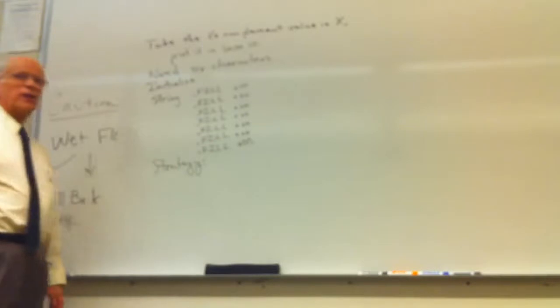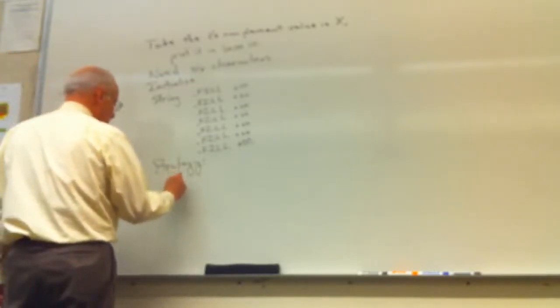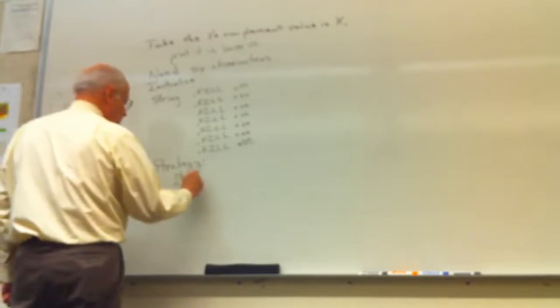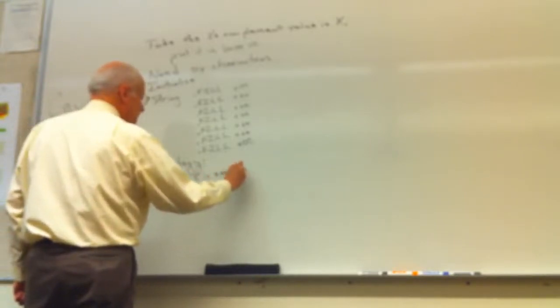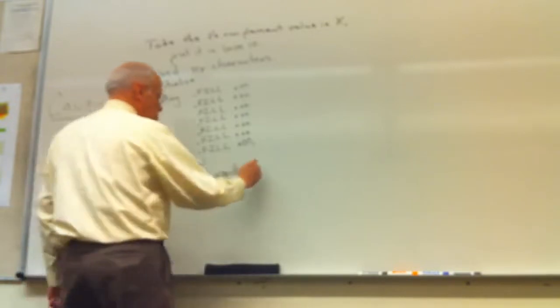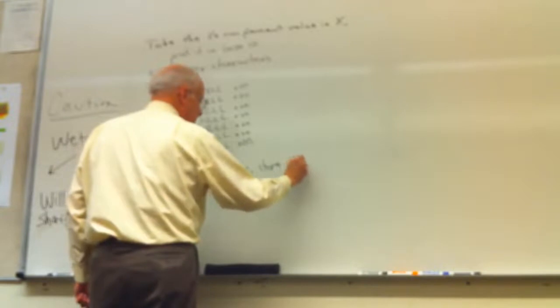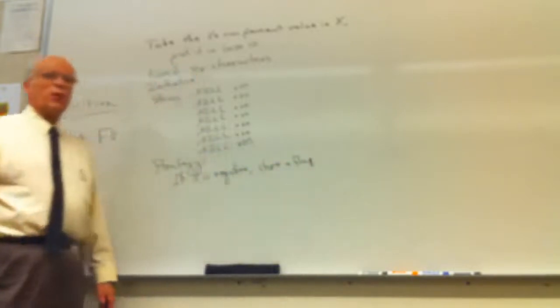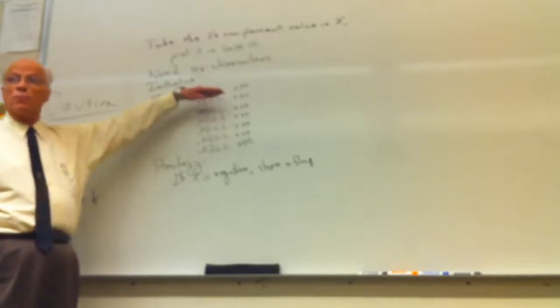Well, there are actually a couple of things that I'm going to do. First, if x is negative, I'm going to store a flag someplace that will tell me when I get all the digits out there, okay, now I need to put in a minus sign.